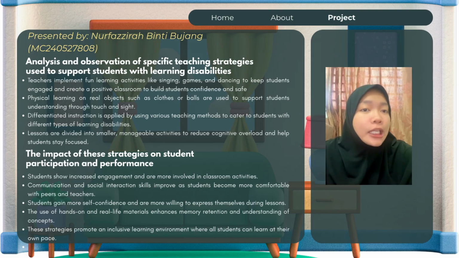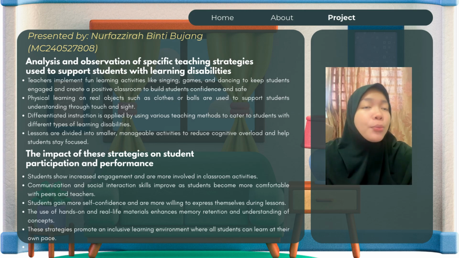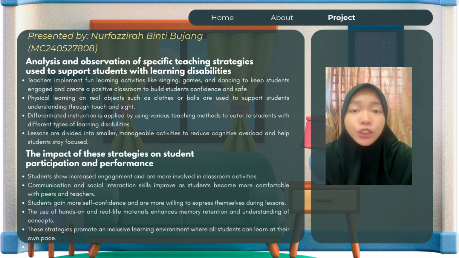As for the impact of these strategies on students' participation and performance, students are more actively engaged and participate more during class activities, and there is also a noticeable improvement in their communication skills and social interaction skills as they become more comfortable talking with their teachers and their classmates.